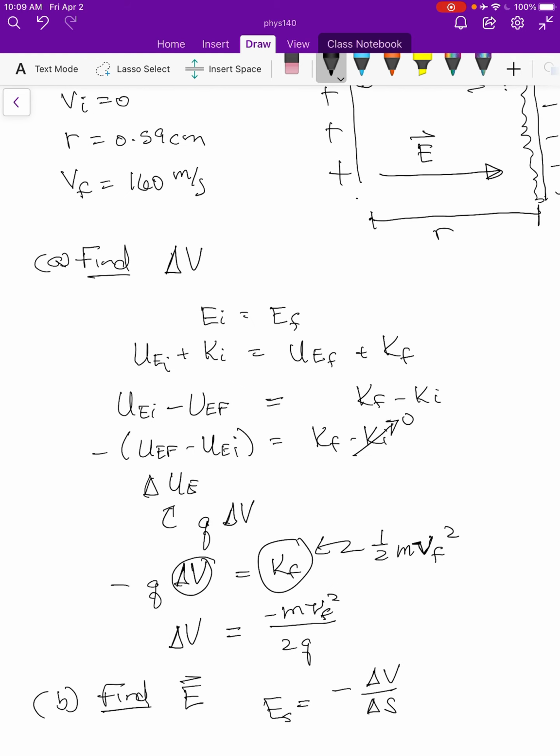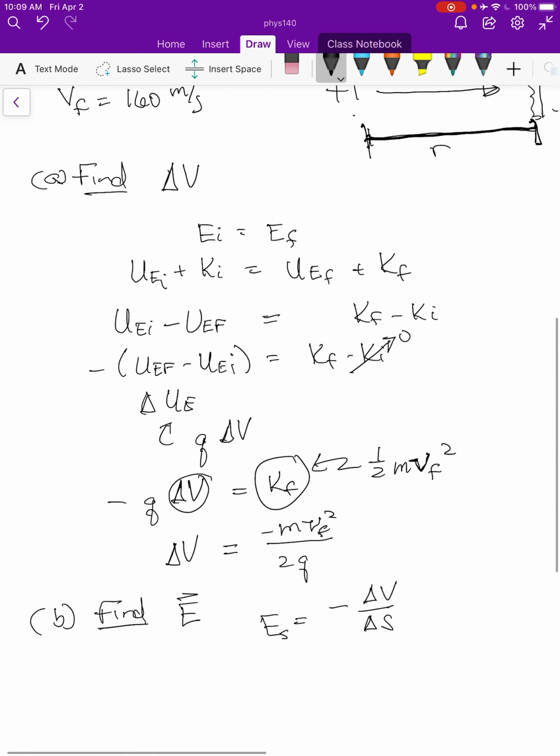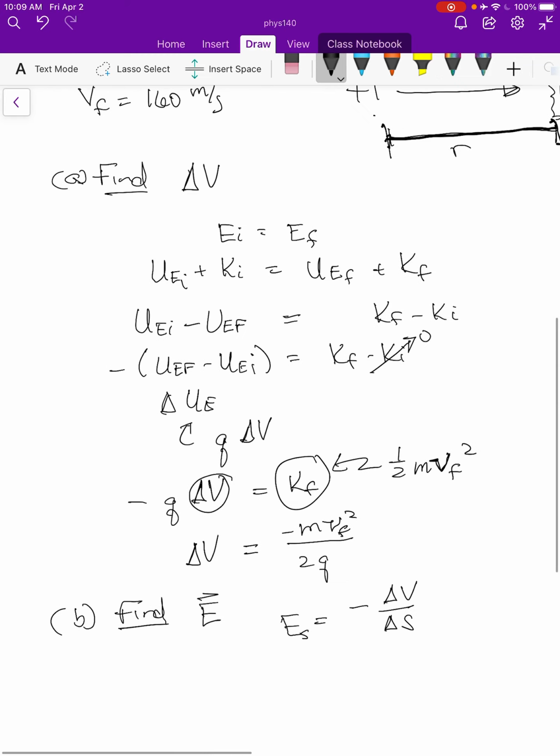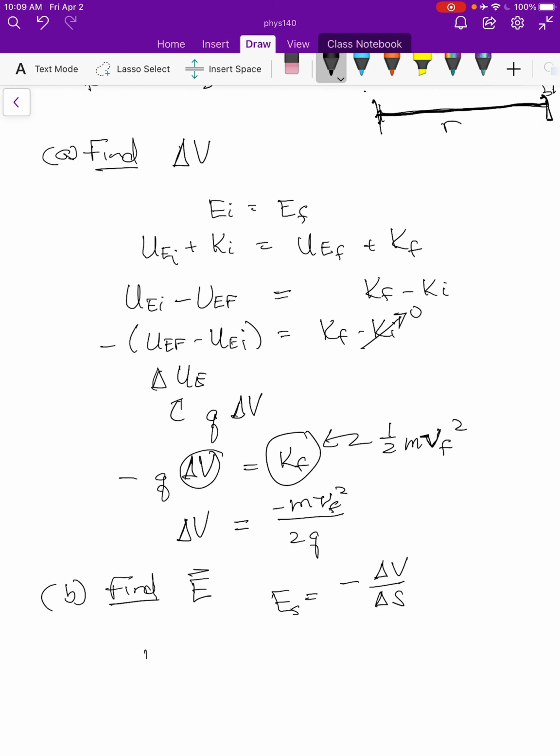So we know the distance over which this is changing, right? We're given that. We also know the change in potential, so we can figure out our electric field is negative change in my potential, which is going to be negative m v final squared over 2q, and then we're dividing by our change in position, which is r.